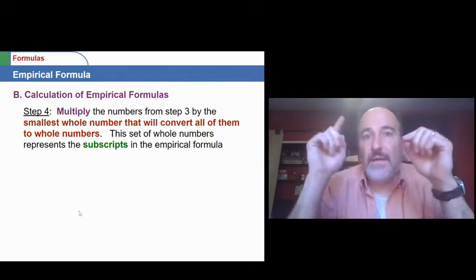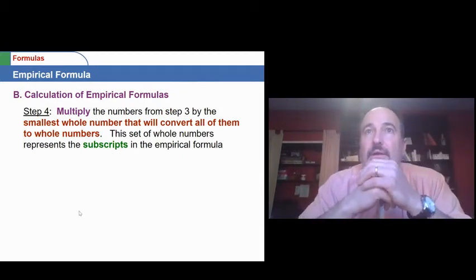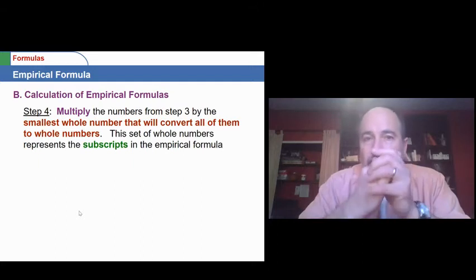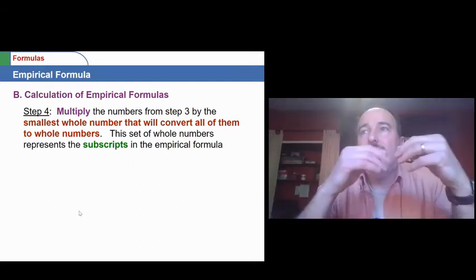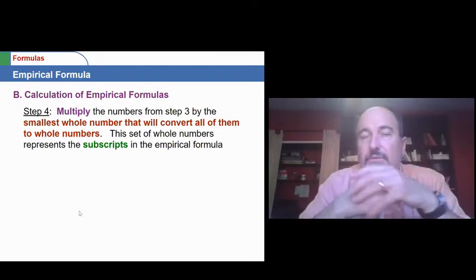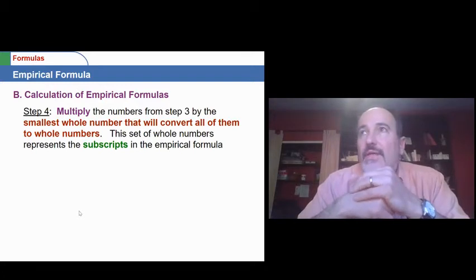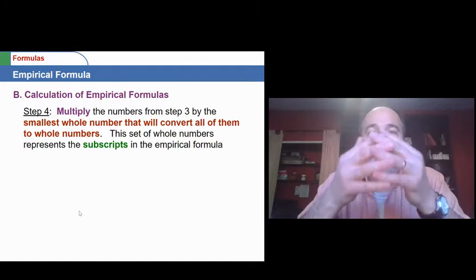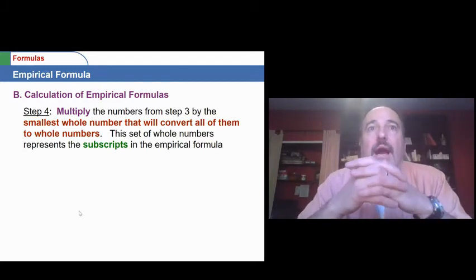You simply multiply all of them from step 3 by the smallest whole number, and that will convert all of them to whole numbers. For example, let's say you find that when you divide by the smallest number of moles, you get 2.5 and 1.